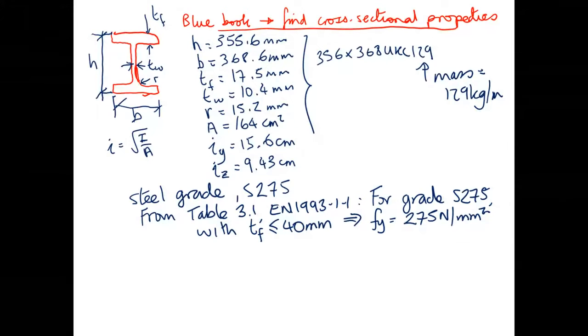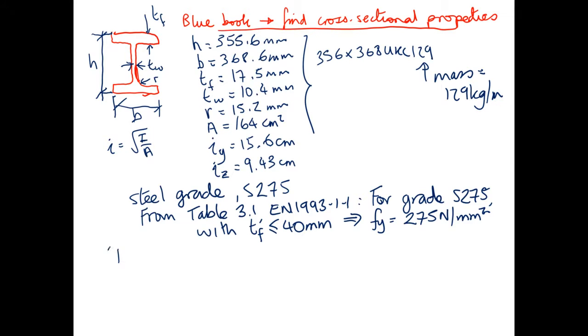On Monday's class, we'll go through the code and recap where we get all these from. Once we look up table 3.1, we can find this grade 275. We know the thickness of our flange is 17.5, which is less than 40 millimeters, so therefore Fy is 275. If it was greater than 40 millimeters, then we'd have to reduce Fy down as per the table.